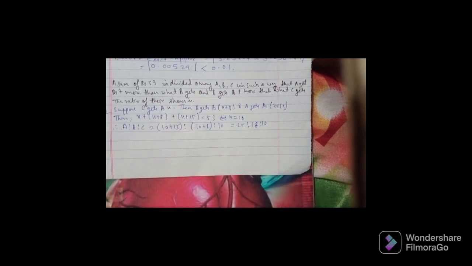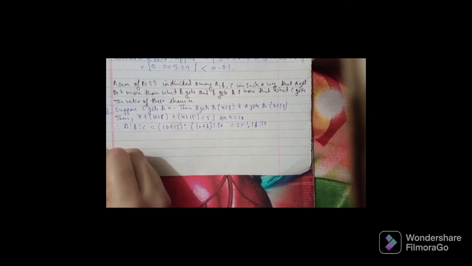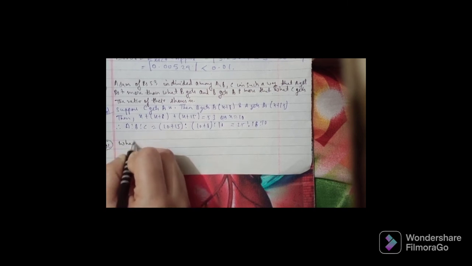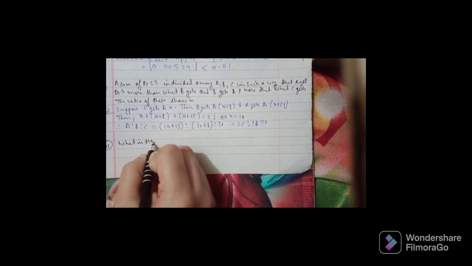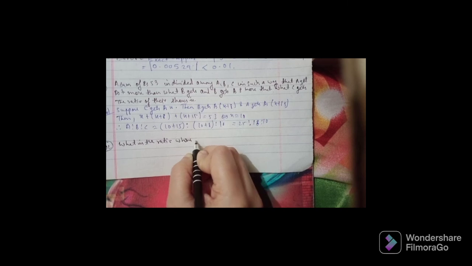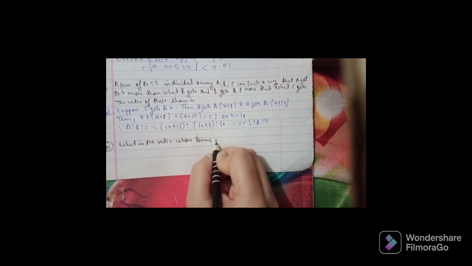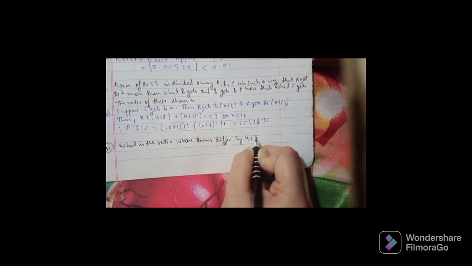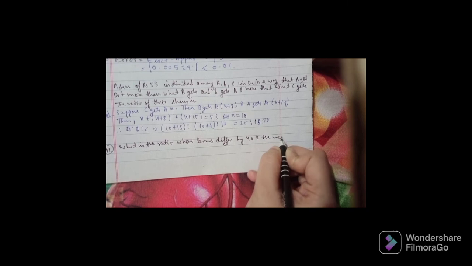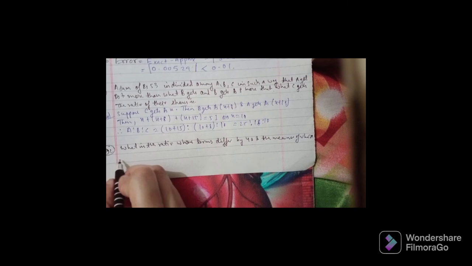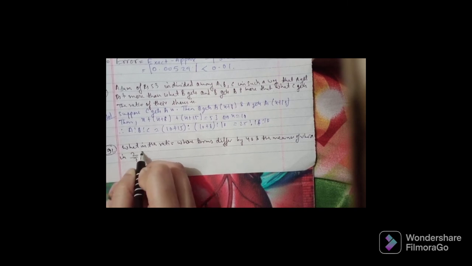Now we move to the next question, which will be the last question of the session, the 92nd question. What is the ratio whose terms differ by 40 and the measure of which is 2 by 7?